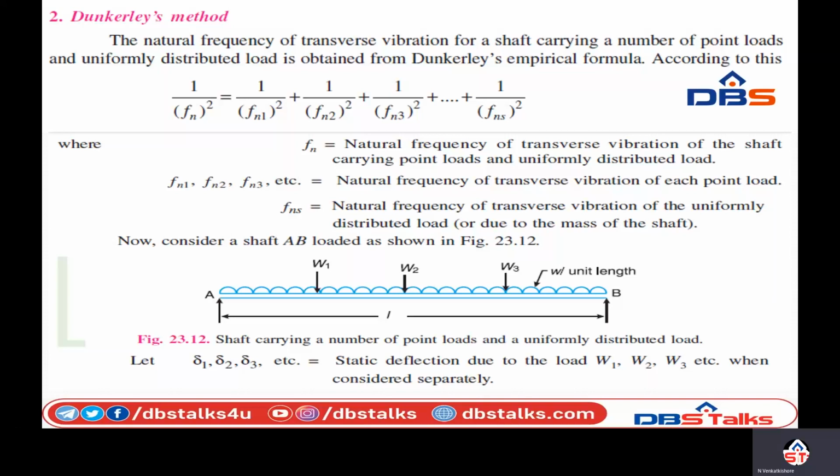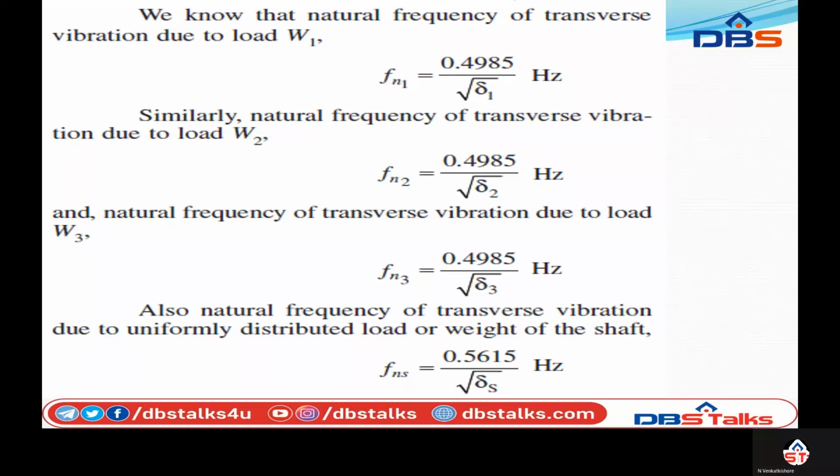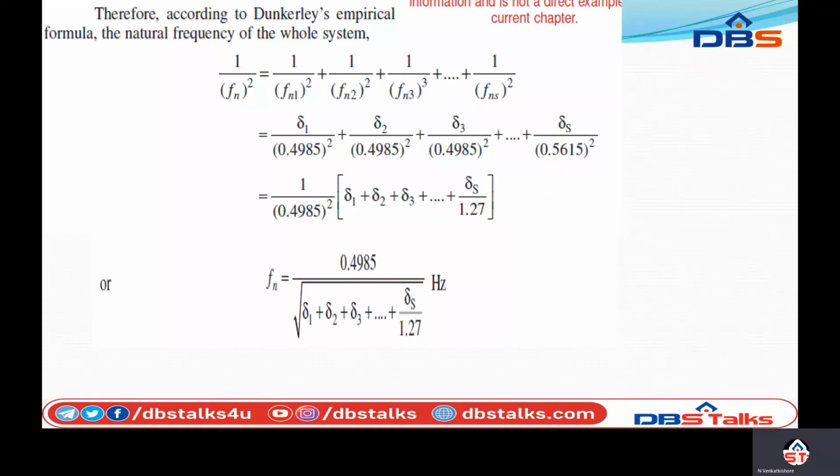By substituting all these values in the equation, we get the frequency Fn equal to 0.4985 by square root of delta 1 plus delta 2 plus delta 3 and so on, plus delta S by 1.21. So this delta S by 1.21 is only applicable for the UDL.